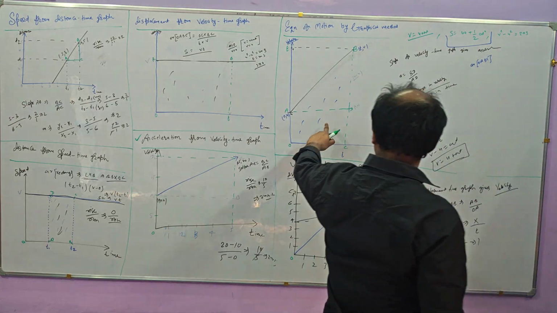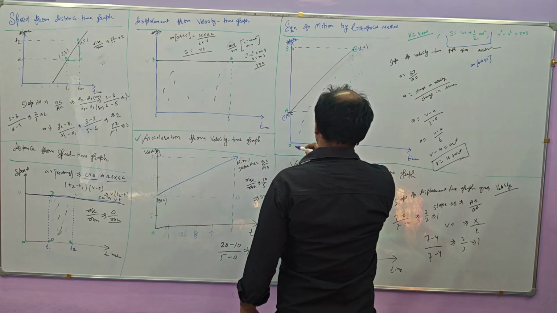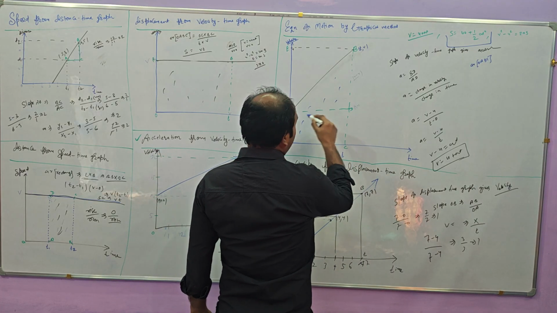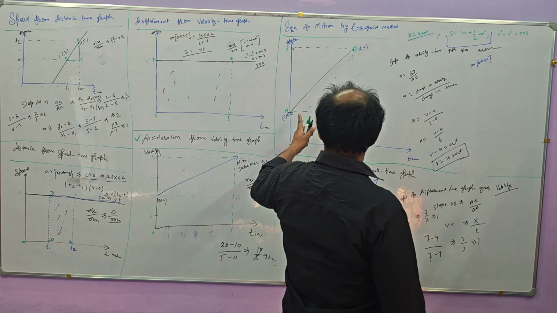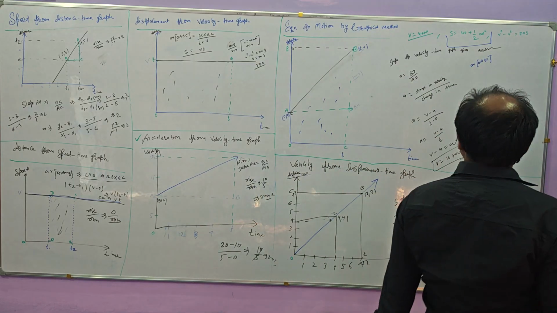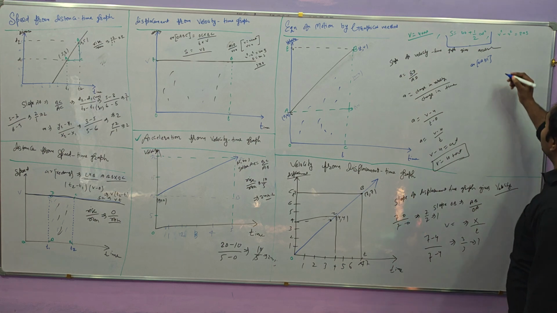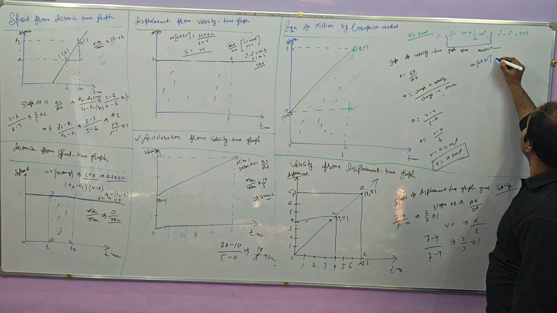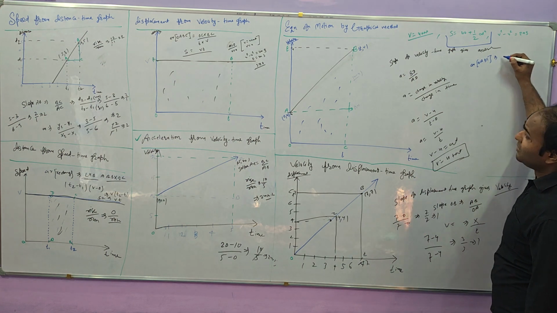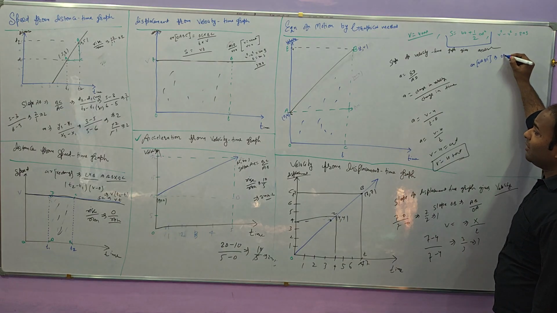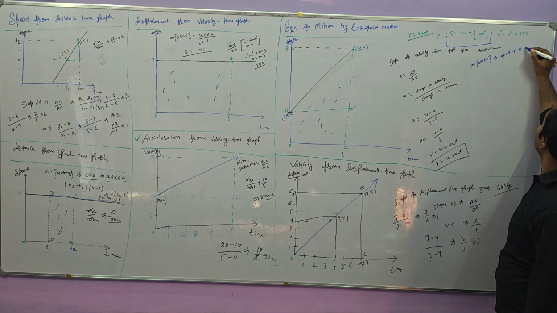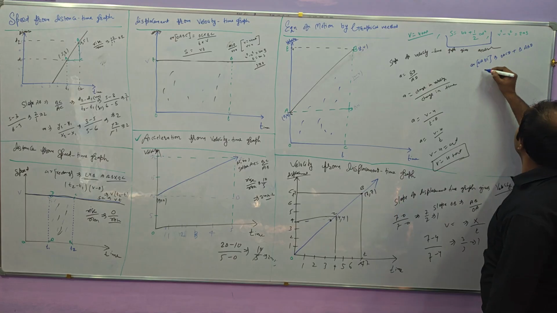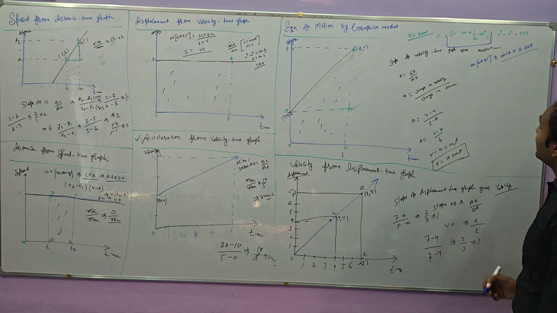We have a rectangle OADC, and ABD is a right angle triangle. We can break it: the area of OABC is the area of OACD plus the area of triangle ABD. We can easily break it.